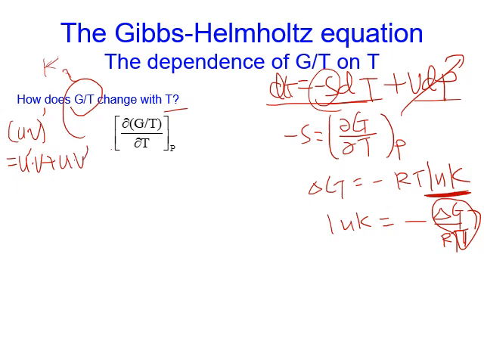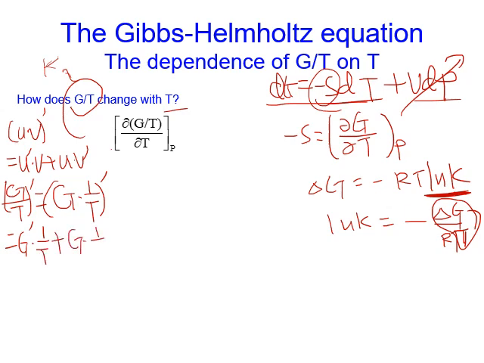G over T we can think of as G times 1 over T, so the derivative is G derivative times 1 over T plus G times the derivative of 1 over T, which is negative 1 over T squared.